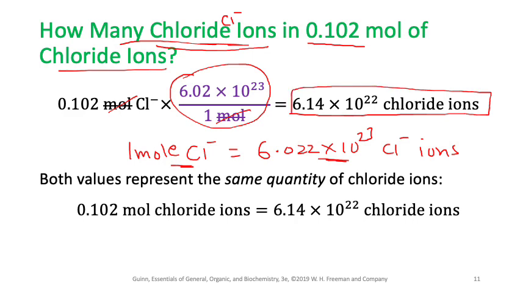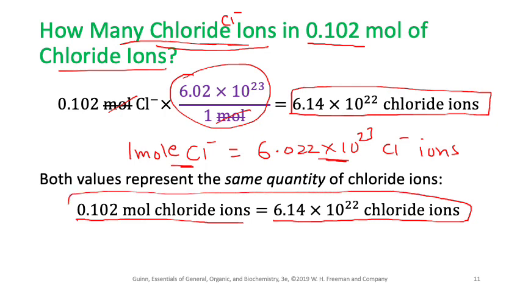So if you give me 0.102 moles of chloride ion, you are giving me 6.14 times 10 to the power 22 chloride ions. Or vice versa, if I give you this number of chloride ions, you should know we are giving you 0.102 moles of chloride ion. This is how you normally do the problem to convert moles to number of particles, or the number of particles to moles.